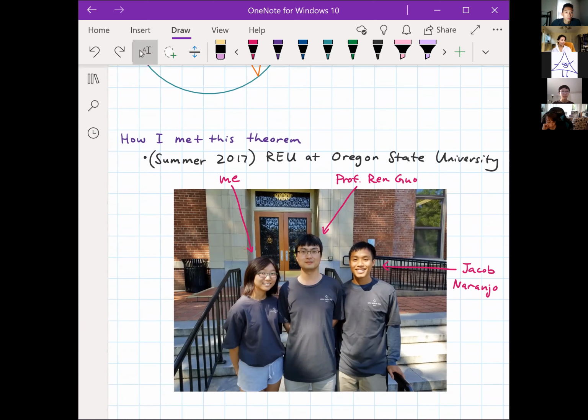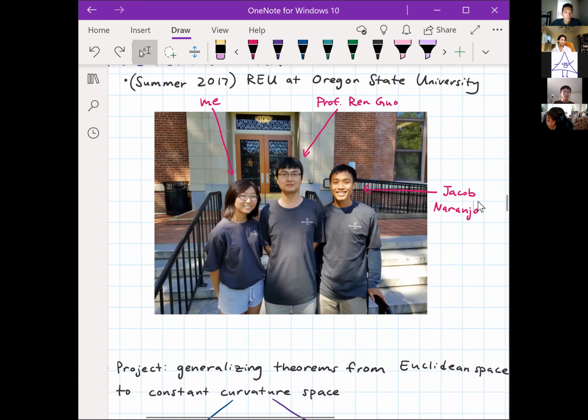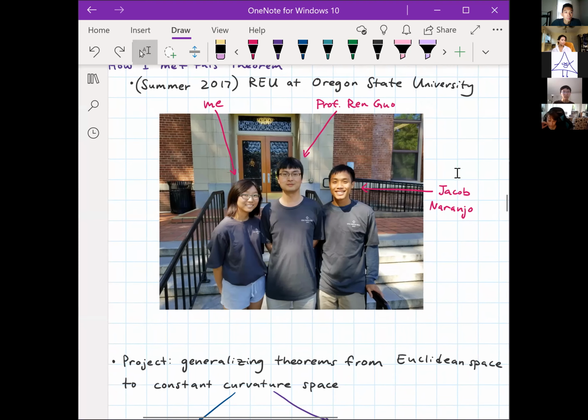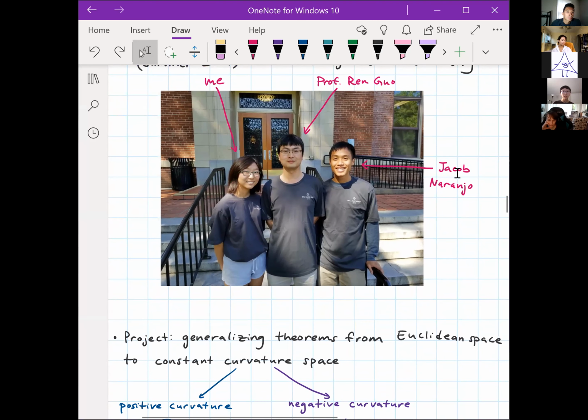There is me in 2017, and I was doing a project with Jacob Naranjo, who was another student, and we were advised by Professor Ren Guo. What we were doing is trying to generalize theorems from Euclidean space to spaces of constant curvature.